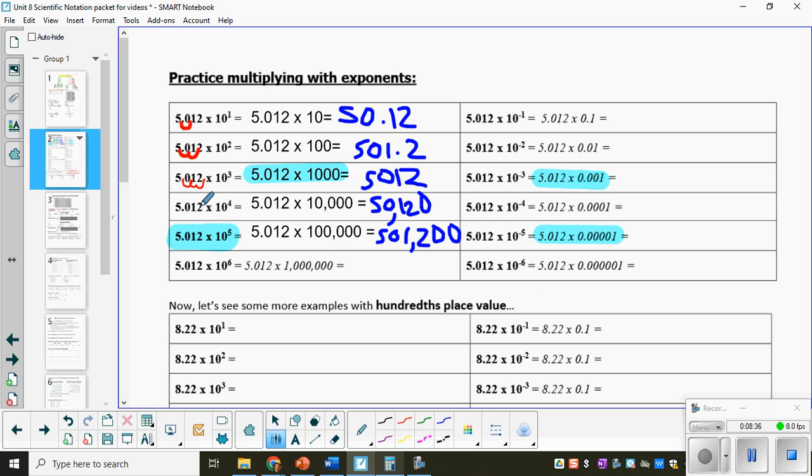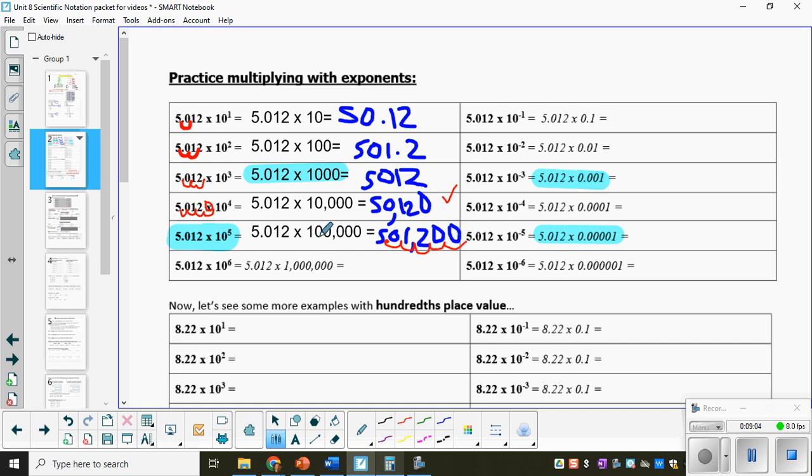When it's 5.012 times 10 to the fourth, I move this over 1, 2, 3 times, and if I fill in the fourth spot with a 0, I get the exact same answer over here. And for 5.012 times 10 to the fifth, I move the decimal 1, 2, 3, and then fill in 4 and 5 spots with zeros.